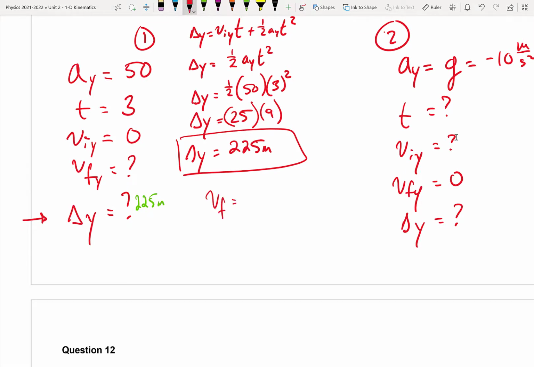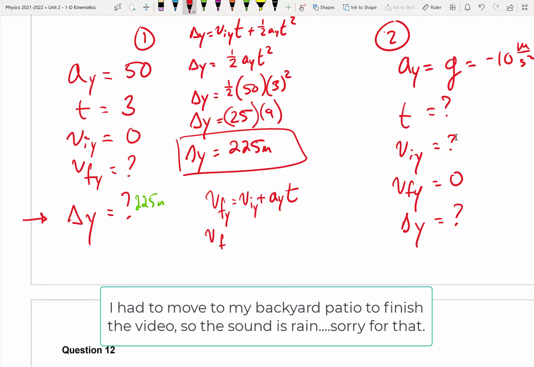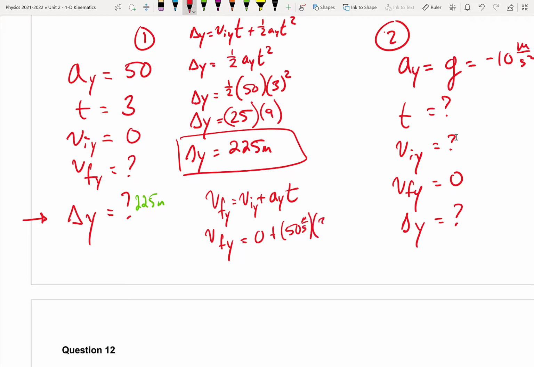I have initial velocity, which is 0. I have acceleration, time, these are all in the y direction right here. And so v final in the y direction is going to be 0 plus his acceleration, 50 meters per second squared, times a time of 3 seconds. So his final velocity in phase 1 is 150 meters per second.